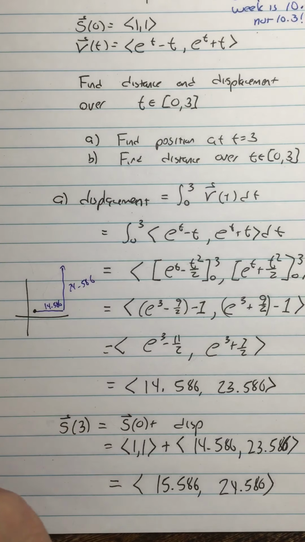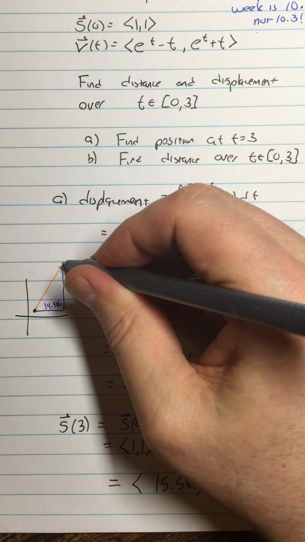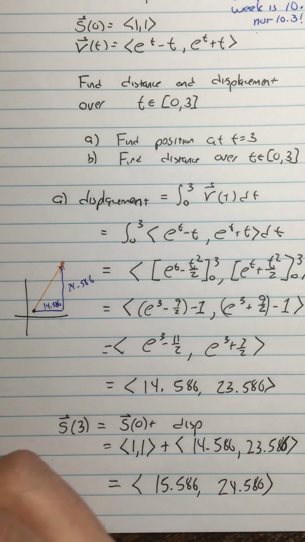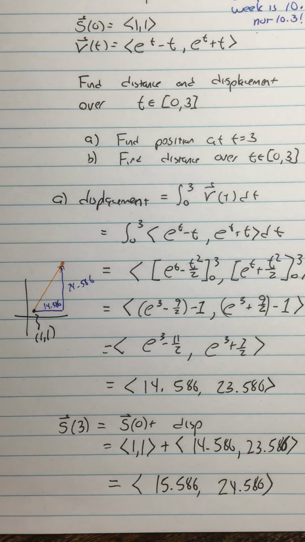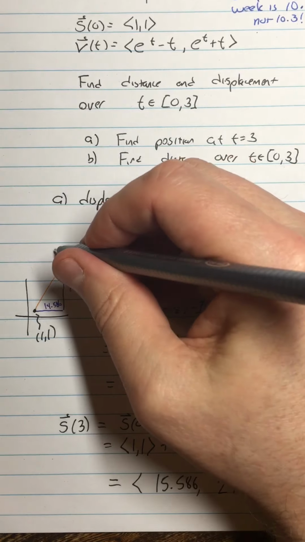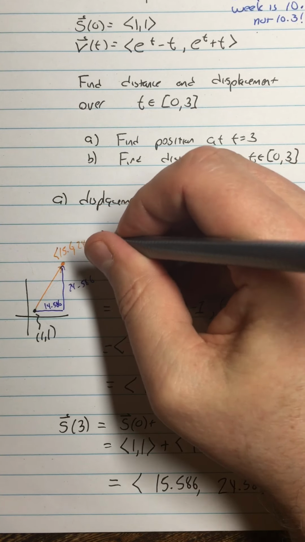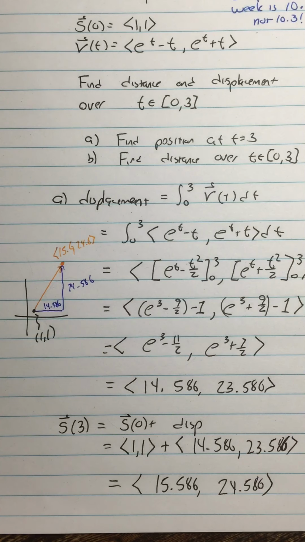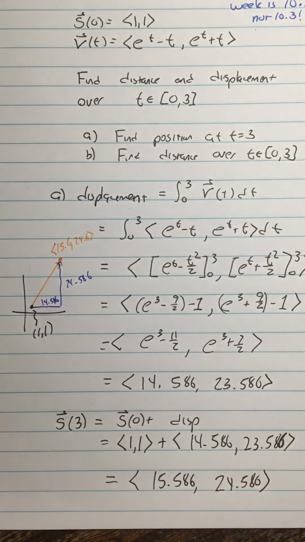This is our displacement vector, and this is the point where we ended up. So we started at the point 1, 1, and we end up at this point, I'll round it a little more, 15.6, 24.6. So that's what happened. That is using displacement to find a new position. Next, it asks us to find the distance, so we will do that next.